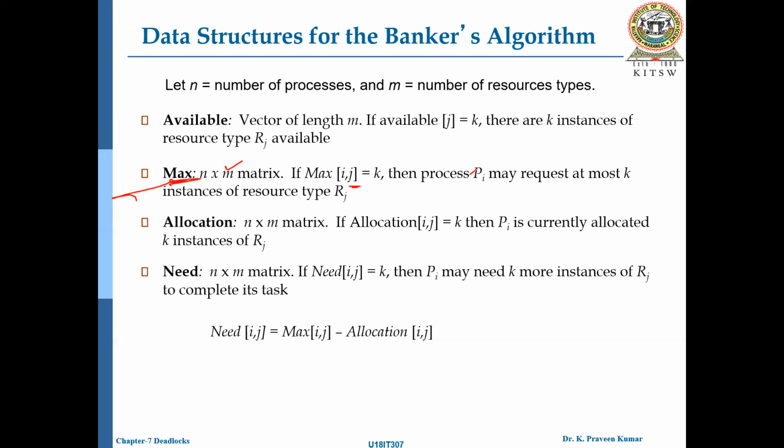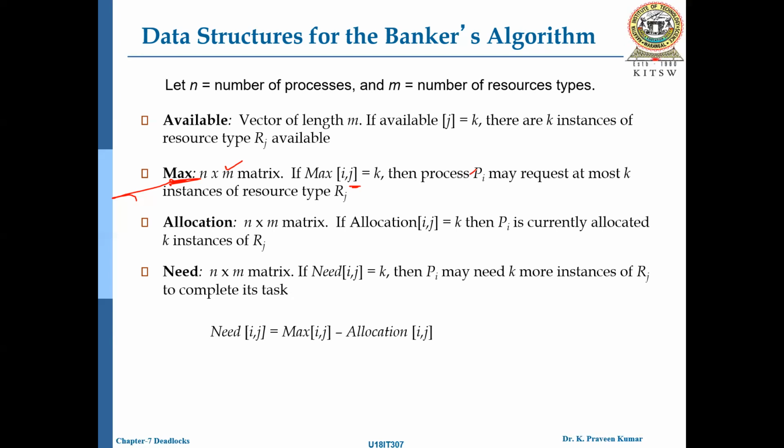Allocation is also an n by m matrix that defines the number of resources of each type currently allocated to each process. If Allocation[i][j] equals k, then process Pi is currently allocated k instances of resource type Rj. The last data structure is the need data structure. It is also an n by m matrix that indicates the remaining resources needed by each process.